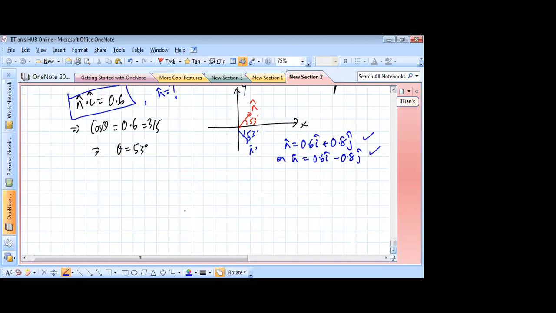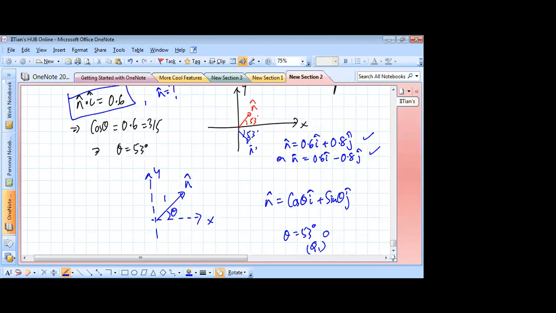Any unit vector making an angle theta with the x-axis is given by cos theta i cap plus sin theta j cap. In this case, theta is either 53 degrees, quadrant 1, or minus 53 degrees, quadrant 4. These are the two possibilities. Viraj, hope this is clear.